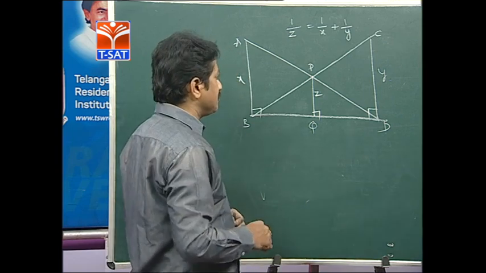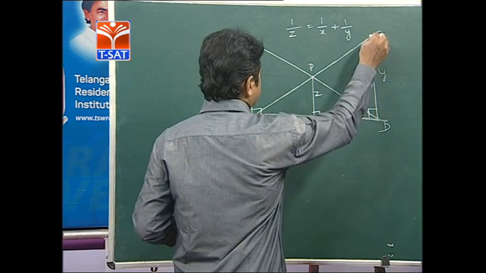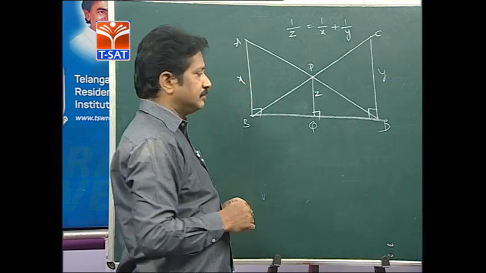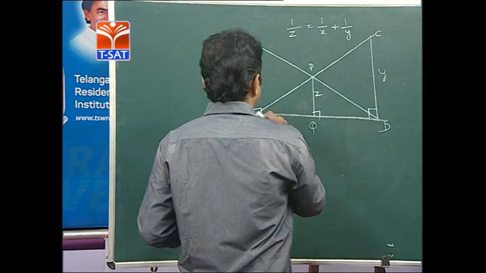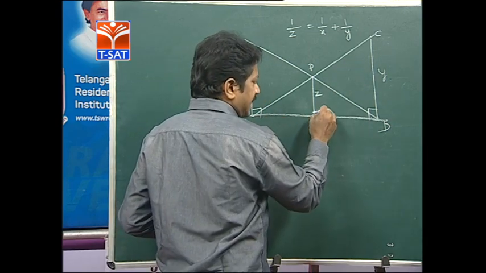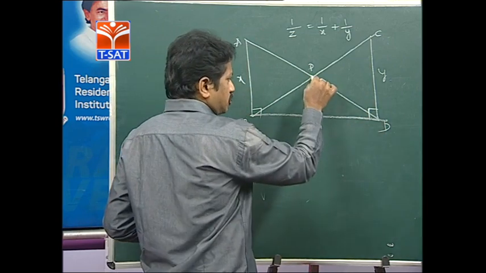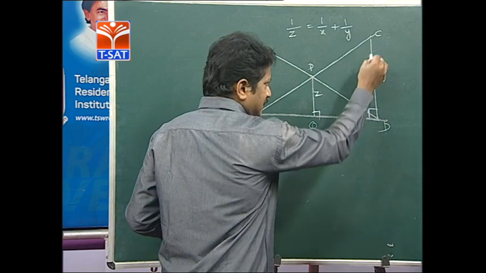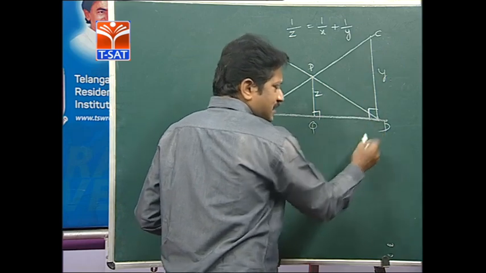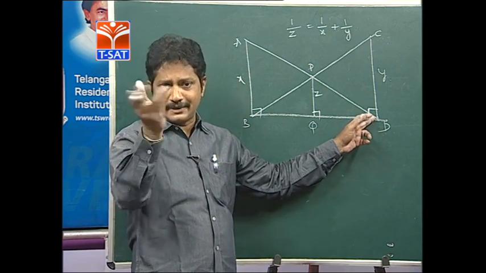Okay, now I'm considering the triangle BDC, this triangle. This angle is 90 degrees and this angle is 90 degrees. When you take these two lines, this is a transversal. The corresponding angles are equal, means those are parallel.